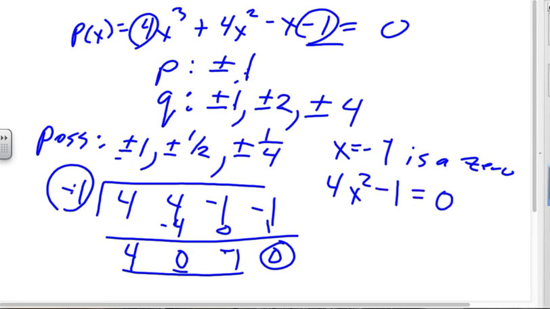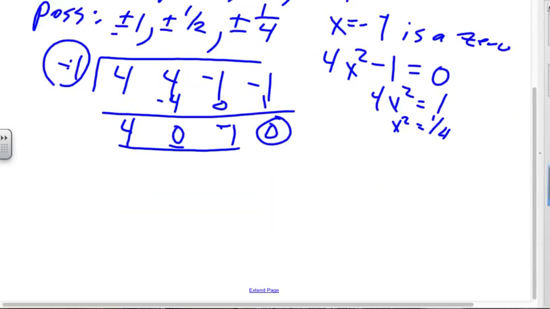I'm going to solve this. Because I've just got an x squared term, I'm going to move that over. X squared is 1/4. Or x will be, and then you take the square root of top and bottom, plus or minus 1/2.